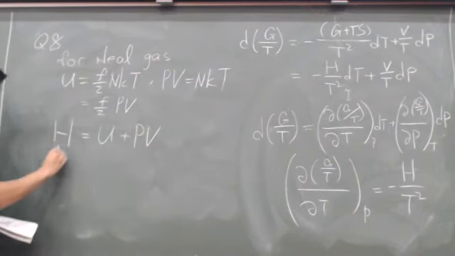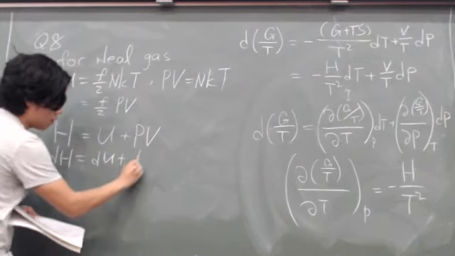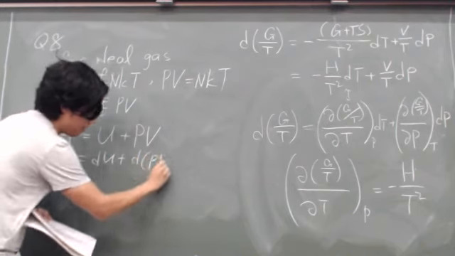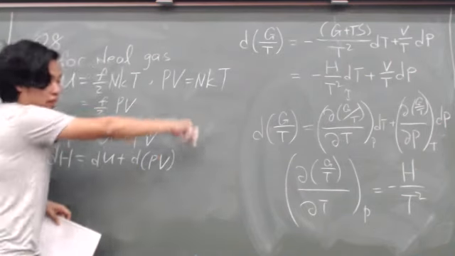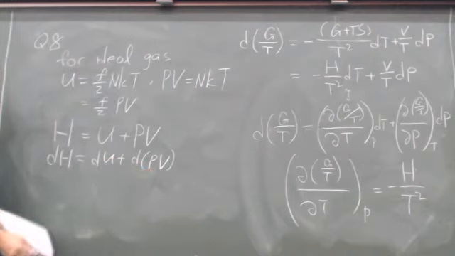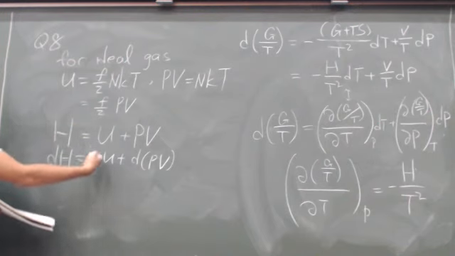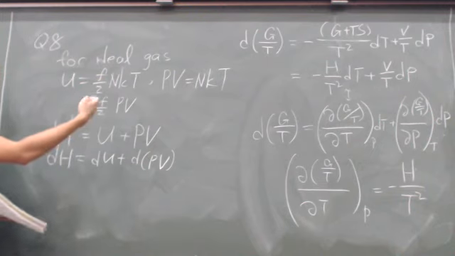And so dH is equal to dU plus d(PV) together. I'm not going to expand that out for now because I have an expression for PV. I can just put this NkT directly in here. Okay, so U is this, and I'll just have to find dU. N, k, and f are all constants for an ideal gas.